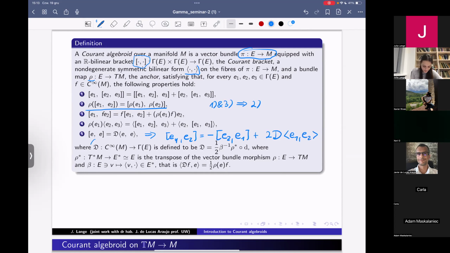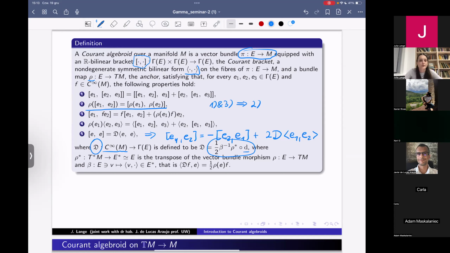This derivation map goes from the functions on our manifold M to the sections of our vector bundle E, and it is defined in terms of our bilinear form, the anchor map and the exterior derivative.